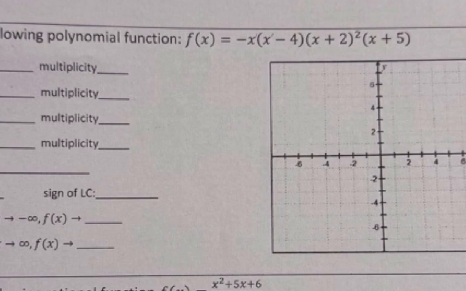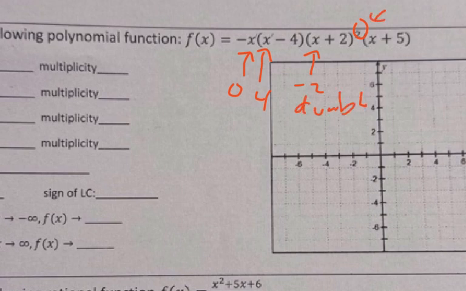So notice we have a double or square there. That means that one's going to bounce. Okay, so let's first find our zeros. So here, 0 for x makes the whole thing 0. Here, 4 minus 4 makes it a 0. Here, -2 plus 2 makes it a 0. But notice it's squared, so this one's called a double root.